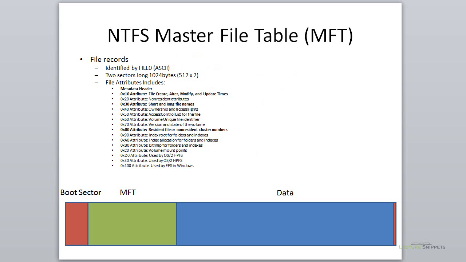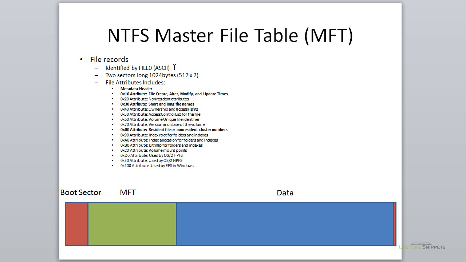Now, I want to point out that when we save a file on our computer or we work with an object in our computer, it will have a record stored in this master file table. And they're easy to identify. If we look through the master file table, we'll see an ASCII code called FILE0, and that's usually what starts every one of our records. Even if it's a folder, it will be identified by FILE. Our records are typically 2 sectors long, and a sector is 512 bytes, so our records are going to be about 1024 bytes long.